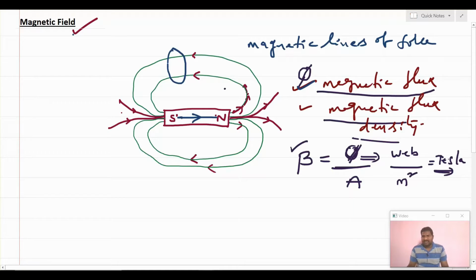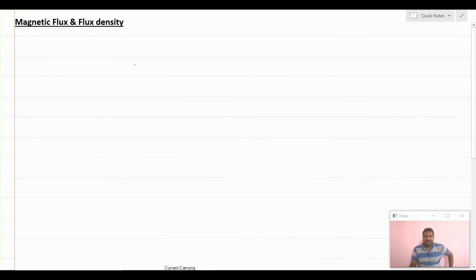To remember the name of the scientist, we put the unit as Tesla for magnetic flux density. So here we are using two terms: one is magnetic flux, another one is magnetic flux density. Now we are discussing these two terms.